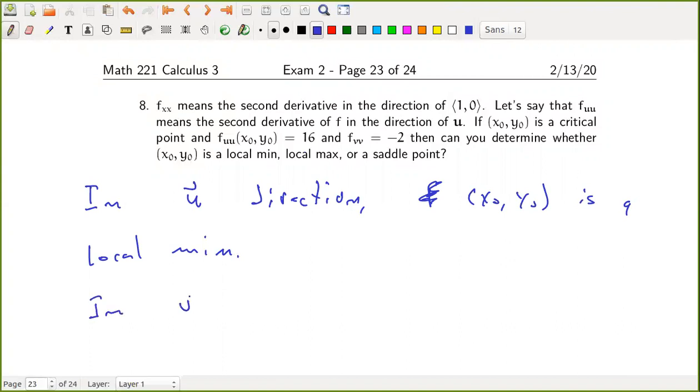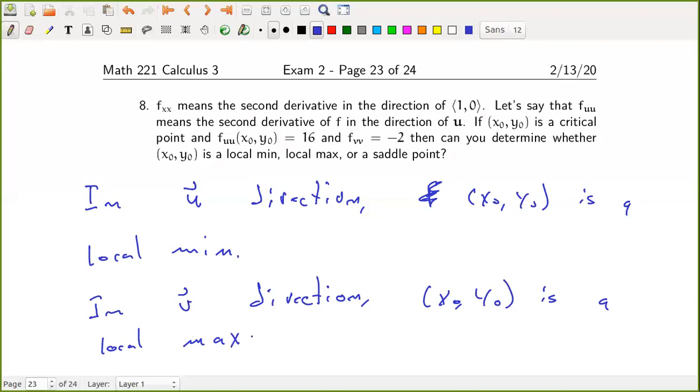And in the v direction, x naught, y naught is a local max. Why? Well, the second v derivative, in other words, the second derivative in the direction of v, is negative.